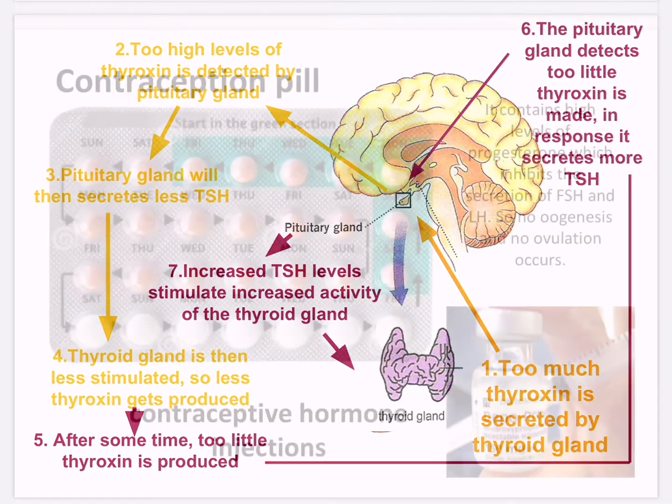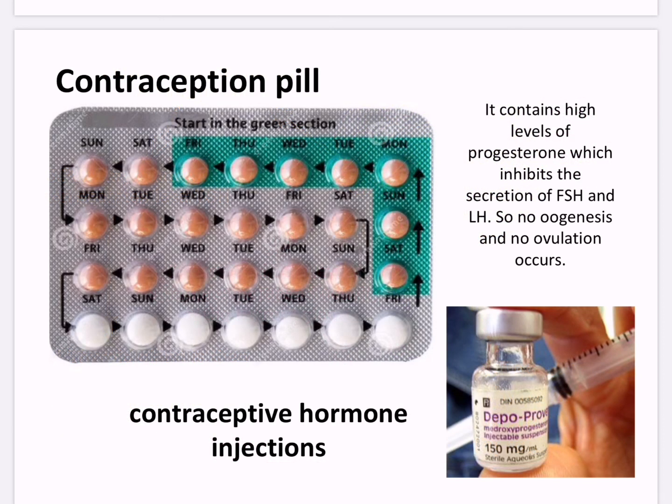And then lastly, the third negative feedback mechanism that is important for the prelim is the one on reproductive hormones. We actually looked at that one when we did contraception, where we learned that the contraceptive pill is high in progesterone.